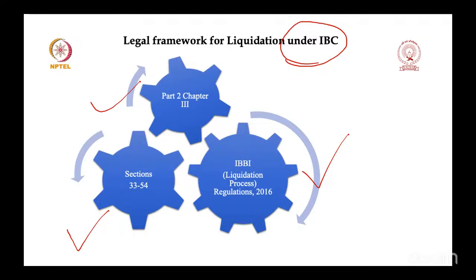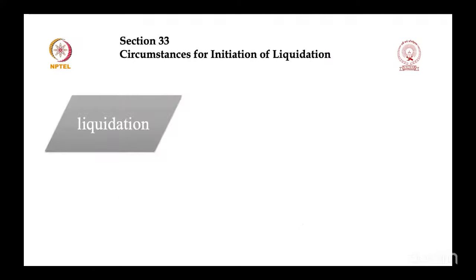So we have to look at that particular chapter. Vide sections 33 to 54, there are a lot of provisions made under the Act. And then we have IBBI, which is the concerned regulator, that has also framed certain regulations. So we have to look at all of them to understand how holistically a liquidation process will happen.